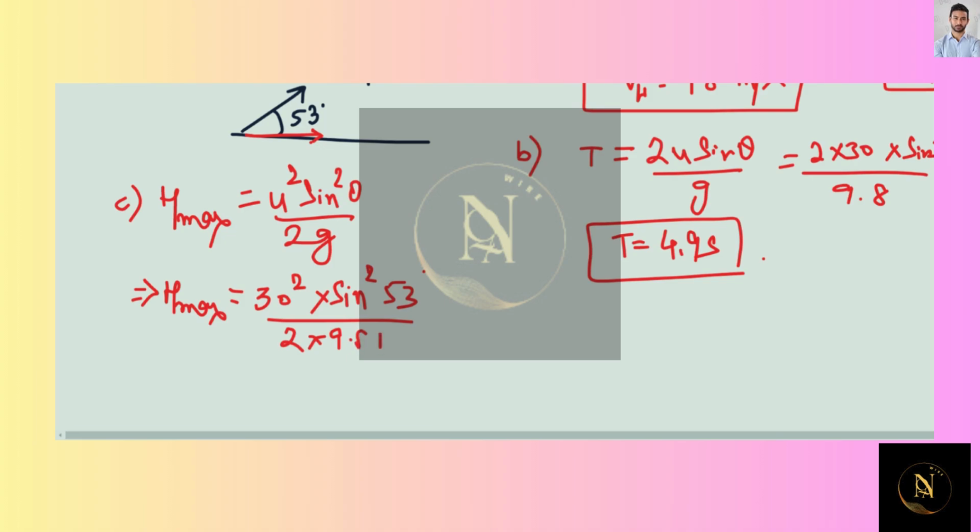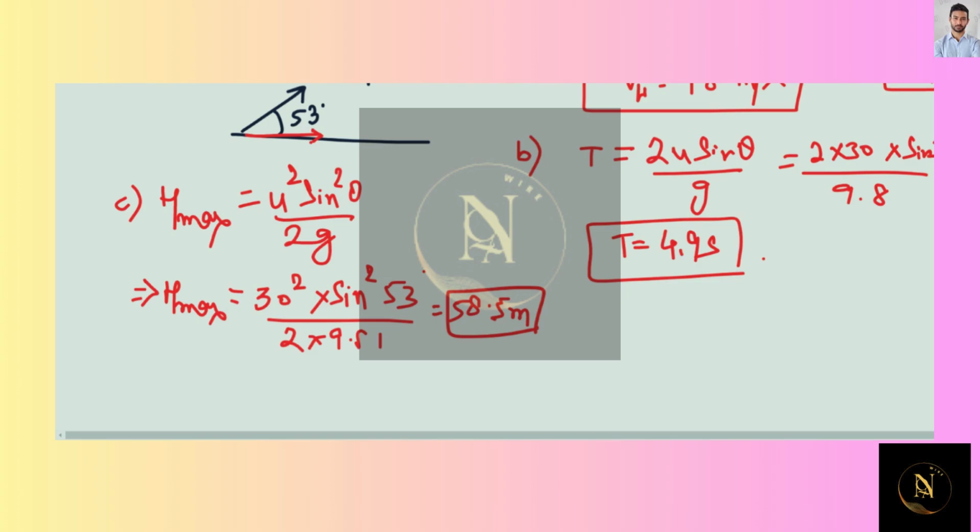When we take the value of sine 53, square that, multiply it with the square of 30 and divide it by 2 times 9.81 approximately, we get the maximum height as 58.5 meters.